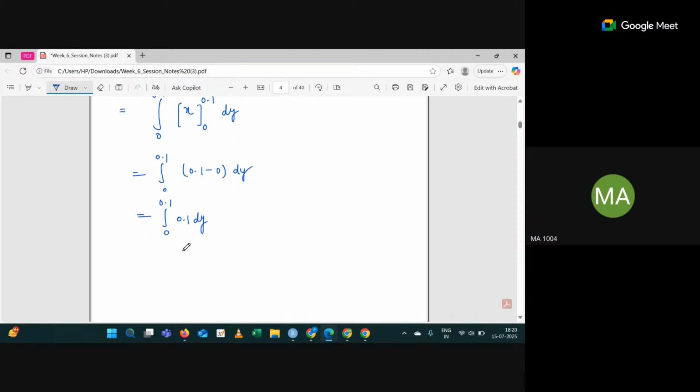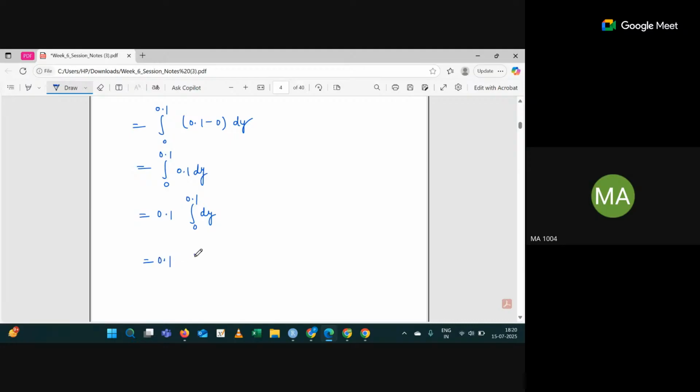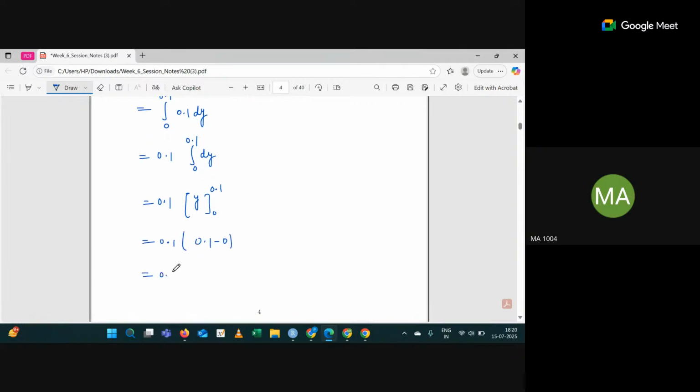Now since 0.1 is a constant, I can take it outside, and integrating dy from 0 to 0.1 gives y from 0 to 0.1. So it will be 0.1 times (0.1 minus 0), and at the end you get 0.1 into 0.1, which is 0.01. Is this clear? Yes, sir.